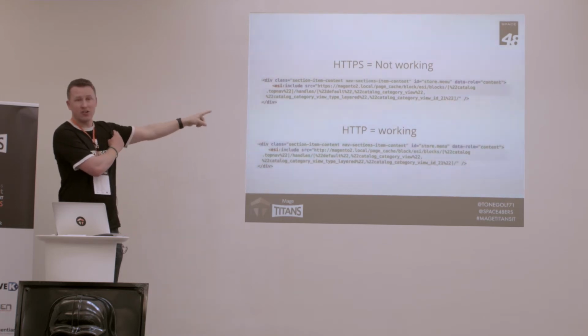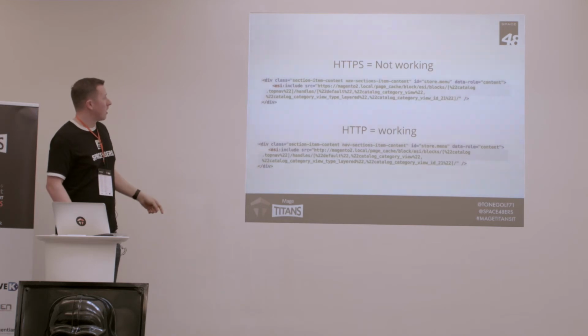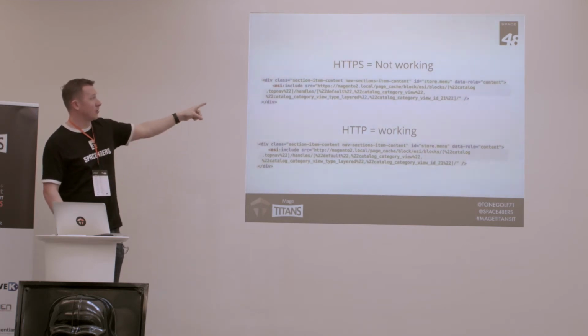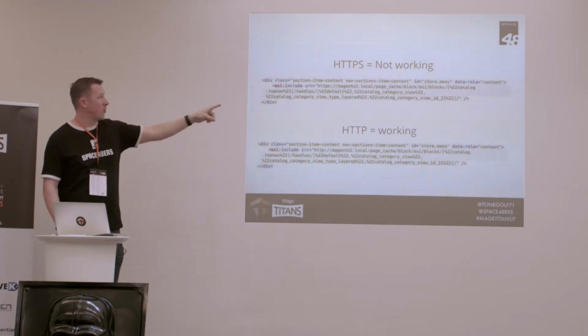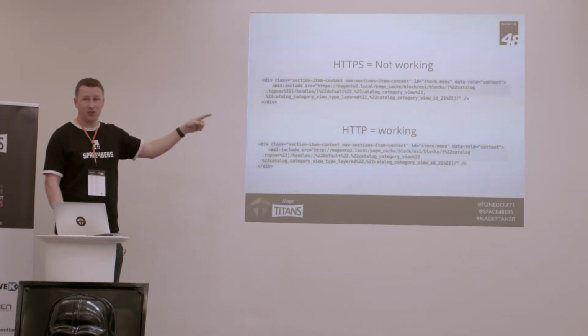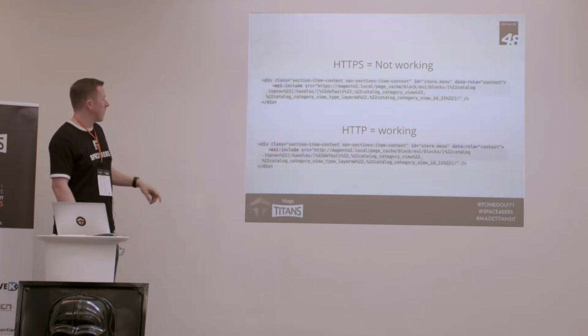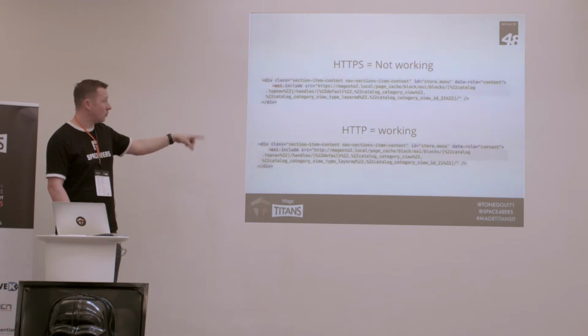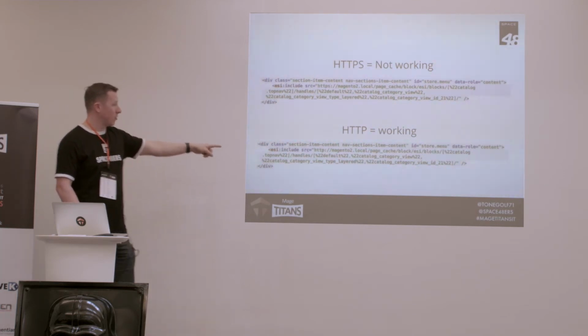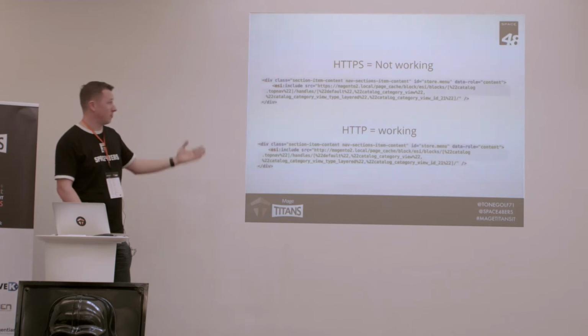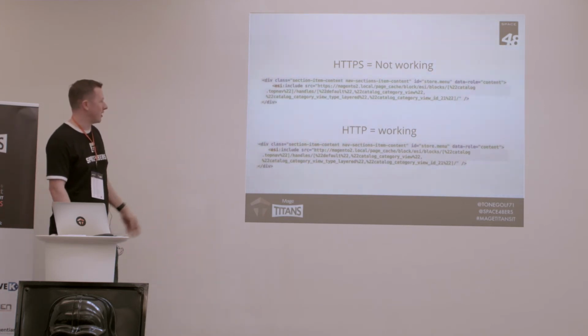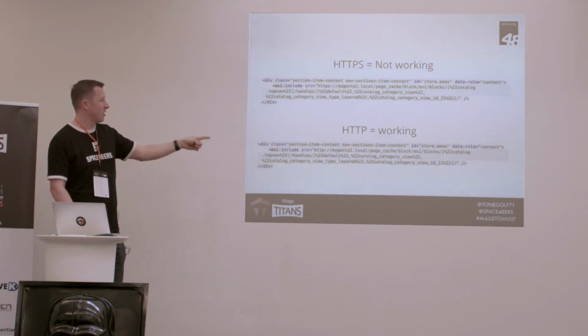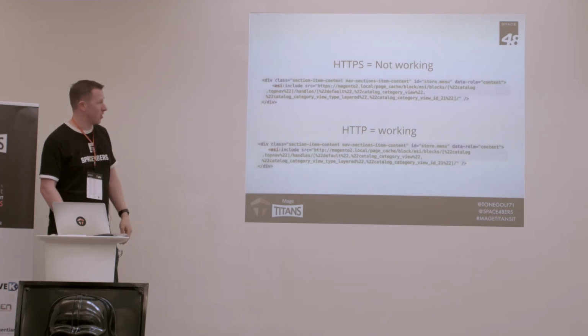It was including an edge side include. And this edge side include has a specific URL, a controller that it's hitting in Magento to pull in the block. Over HTTP, the only difference was that it was doing it over HTTP. This kind of makes sense. You know, we're running over HTTP, but the edge side include request, that's the only difference, is the protocol.